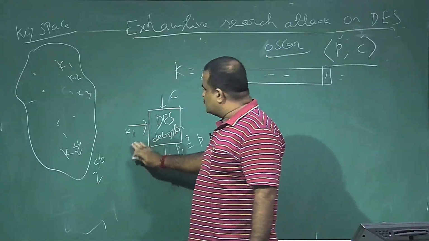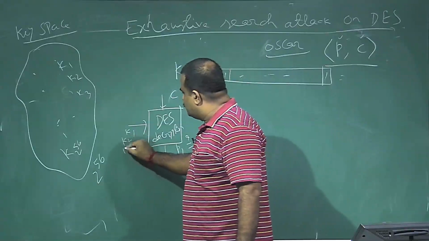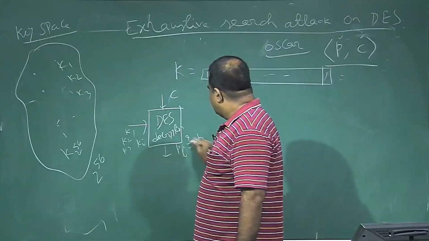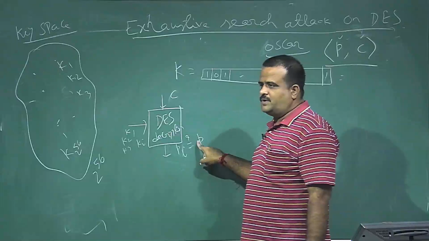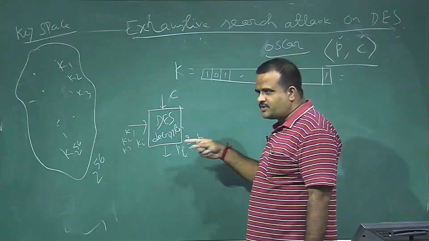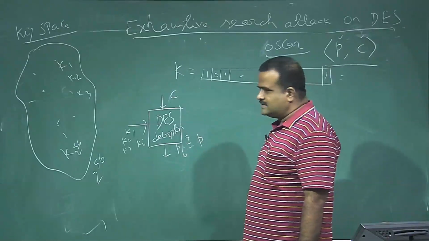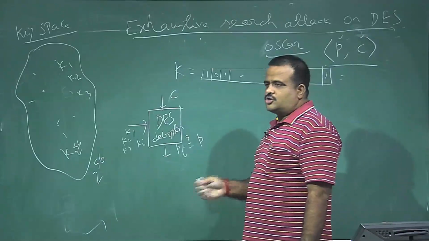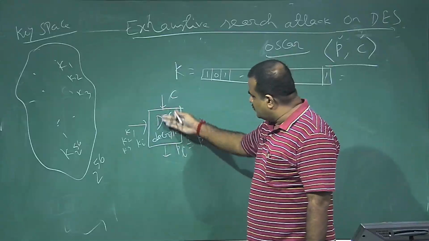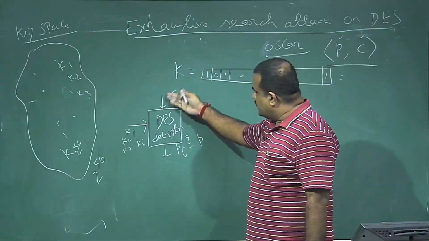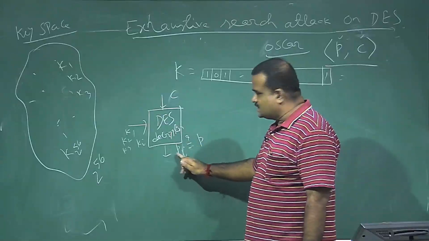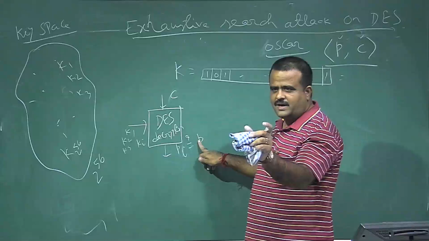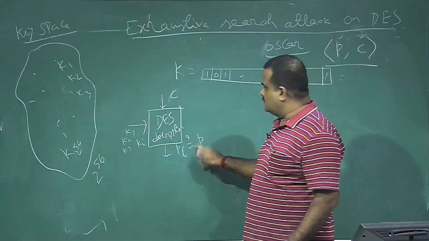This way Oscar will try K2, K3, Ki, get the corresponding Pi and check whether Pi matches P. Once it matches, Oscar stops. It could be done the other way also, with encryption: Oscar can encrypt P and check whether Ci matches C or not, because Oscar has a P, C pair. Okay.